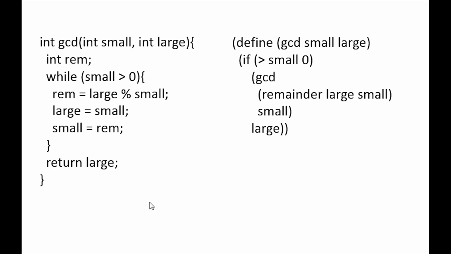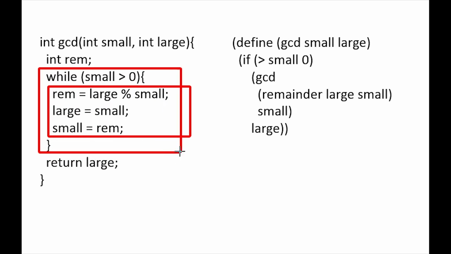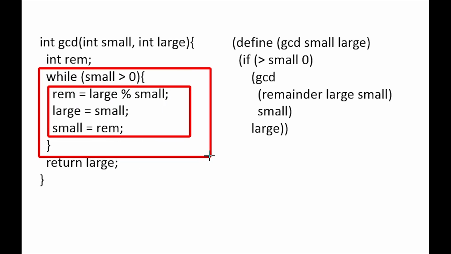With respect to state, mutable state, let us review this program that we saw a moment ago, where we do a lot of assignments, updating of these variables. So in a while loop, we update 3 variables with the purpose of finding the greatest common divisor in the well-known fashion.